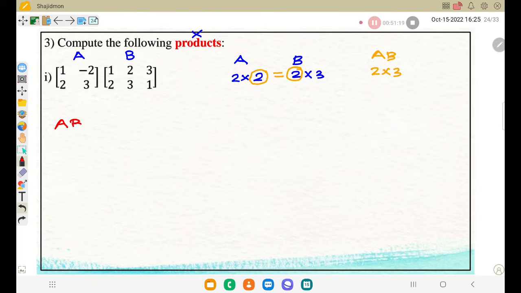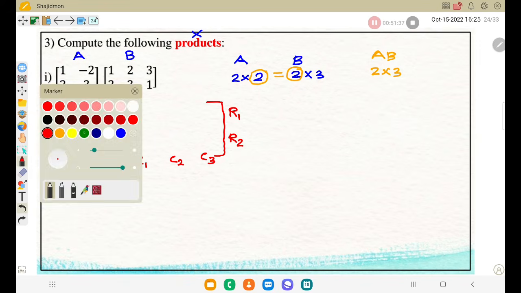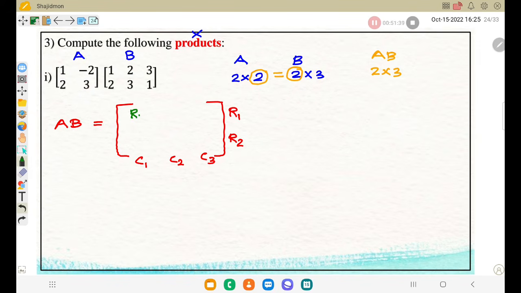A multiply B equals a 2 by 3 matrix, 2 rows and 3 columns: column number 1, column number 2, column number 3, because the answer should be a 2 by 3 matrix. As I told you before, first row column 1, first row column 2, first row column 3, then second row column 1, second row column 2, second row column 3.